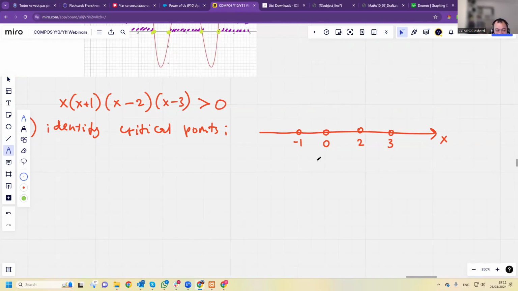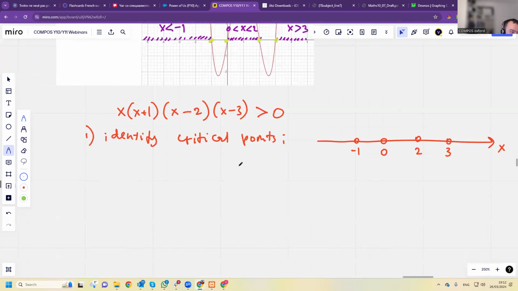Okay. Now, what is the sign when x is greater than 3?